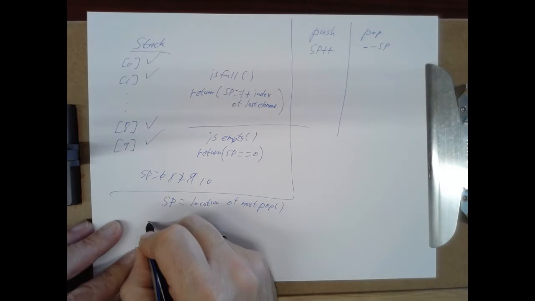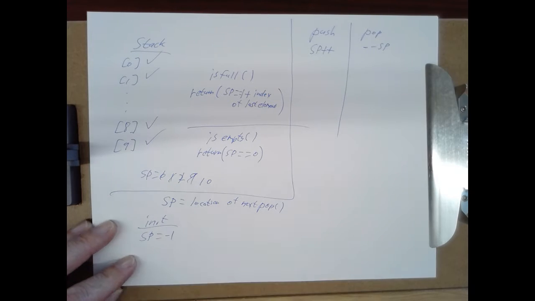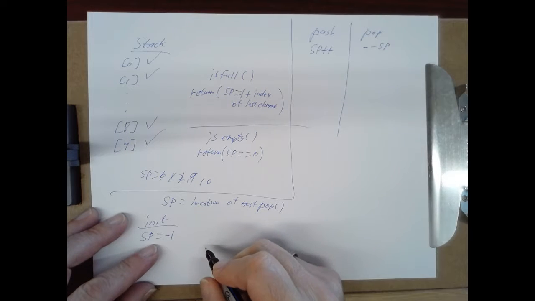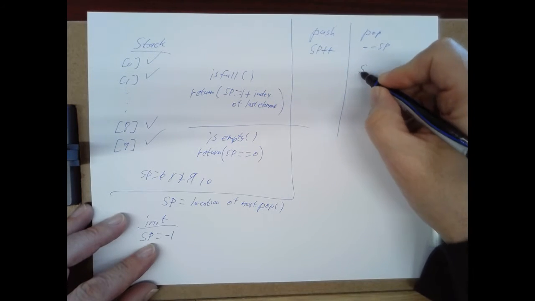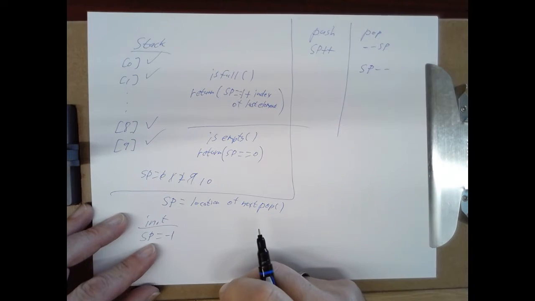And so in this case, our initialization would set SP to -1. And our pop will just return the element at the stack pointer, but we want to decrement it after we use it.